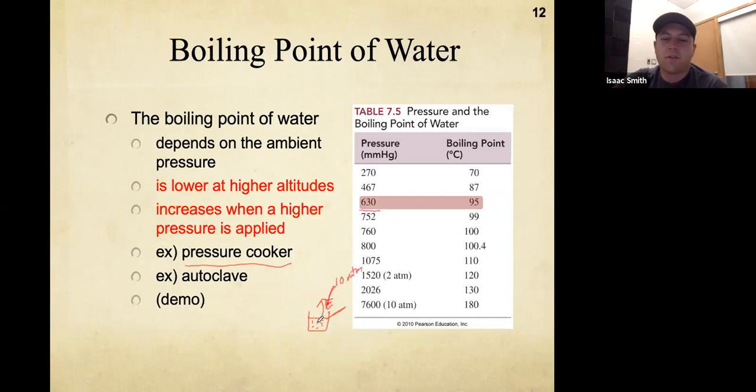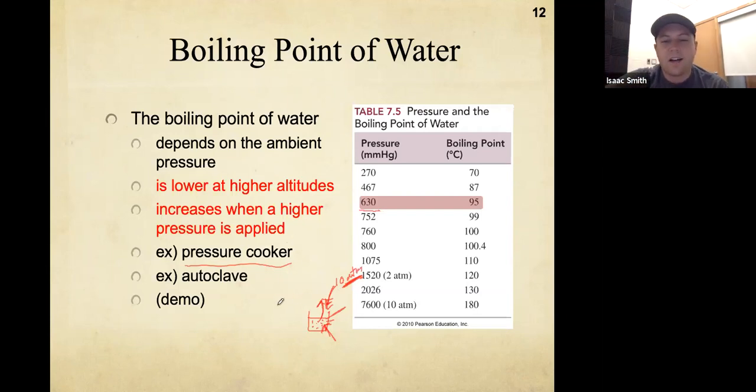In order for the water to boil, the vapor pressure of water needs to equal 10 atmospheres. So you need to add enough temperature to get this water to, I'm just going to throw out a number, 300 degrees Celsius, right? Only at 300 degrees Celsius does the vapor pressure equal 10 atmospheres, and it will boil off. Again, I'm just using random numbers, so don't fact check me on this.